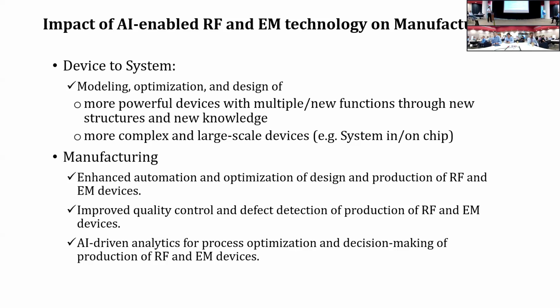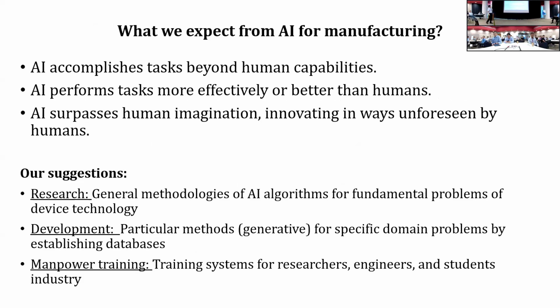Another one is AI-driven analysis for process optimization and decision making in the production of the product. I think if I change these RF and EM devices to chips, it's also a very good match to the theme of this workshop.